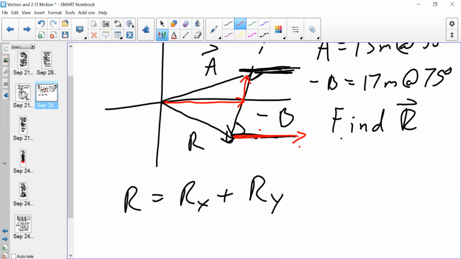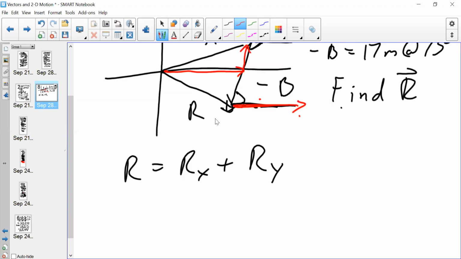That's going to start getting messy. I don't want to just draw that in. But the point I want to make is that Rx is going to be made up of AX and BX. Ry is made up of AY and BY. And our job is to figure out those pieces to make up Rx and Ry. Once we know what Rx and Ry are, then we can use the Pythagorean theorem to find R. And after that, we can find the direction of R, right?